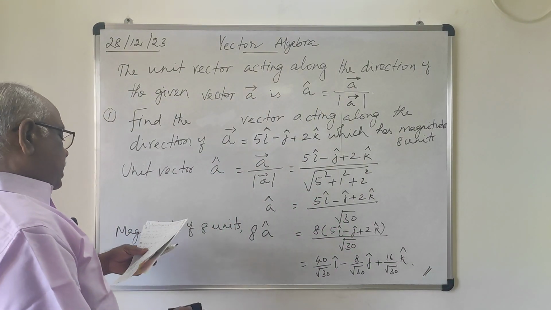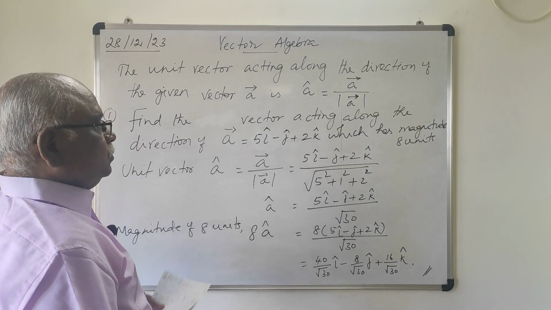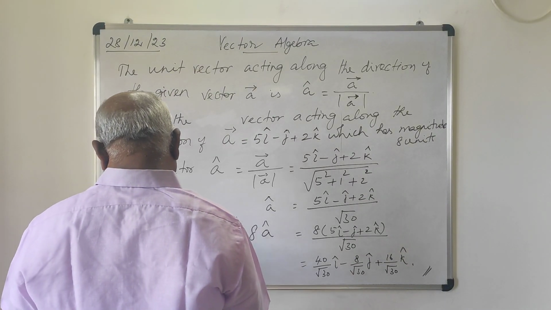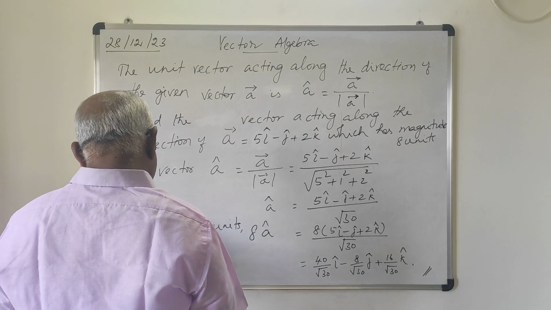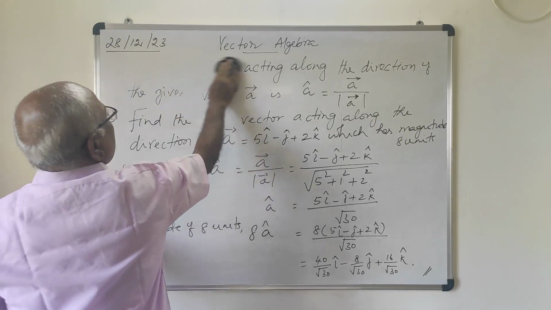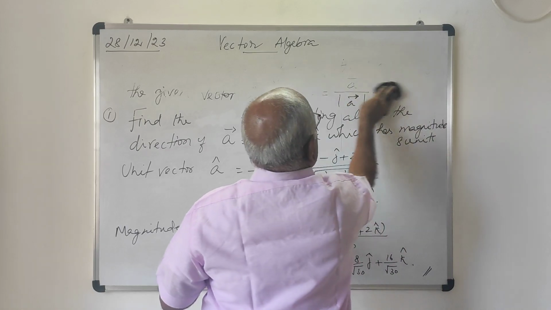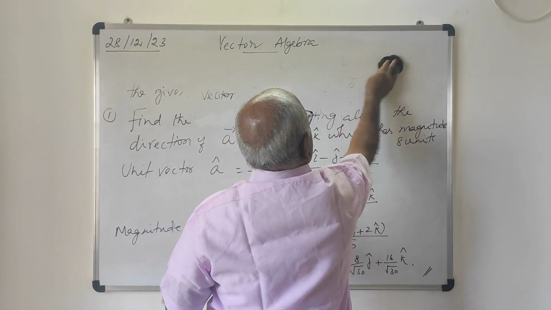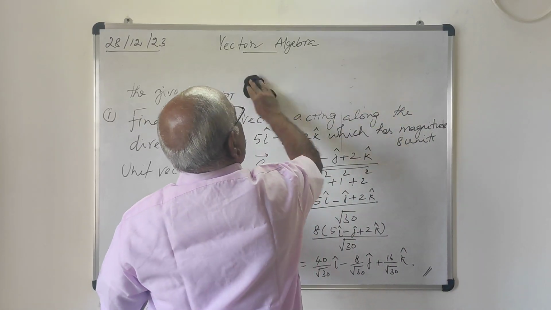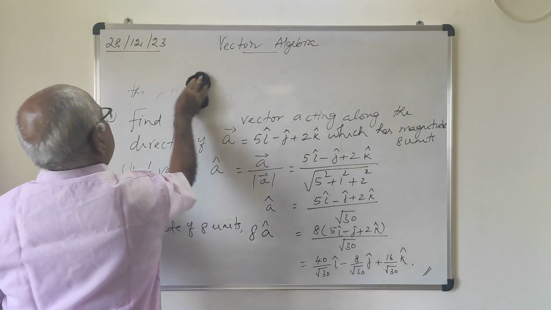Okay. Next, we will see another problem. If a vector is given, what is another vector in the direction of the same vector?